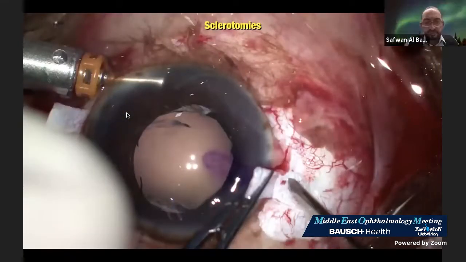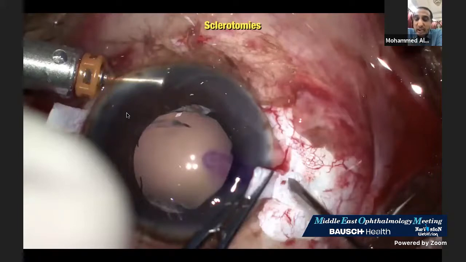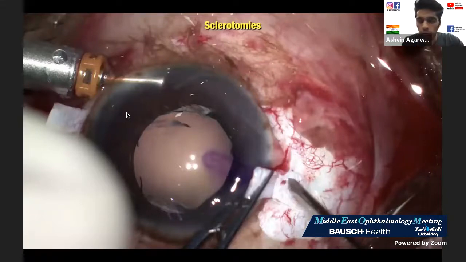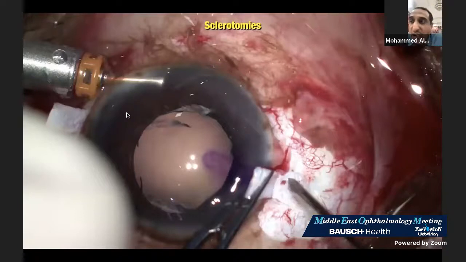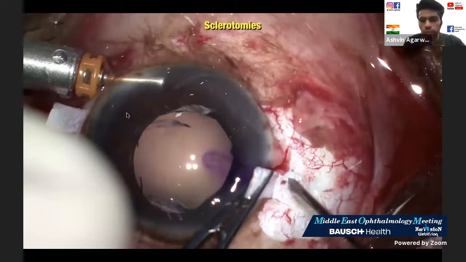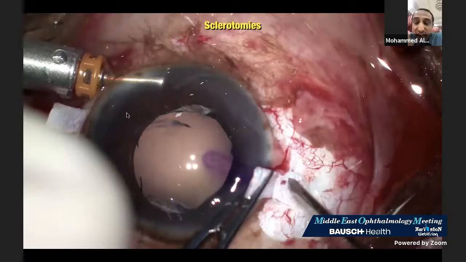Dr. Ashwin, we want to know what is the exact point that you are going to do the perforation toward behind the iris. You make the flap, the iris sclerotomy, and you are going behind the iris, right?